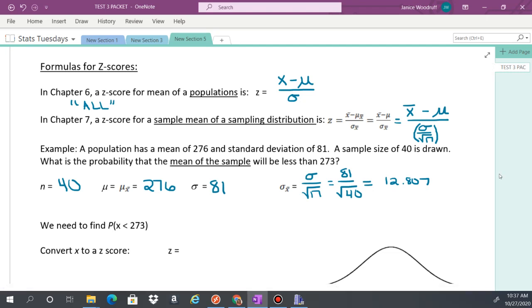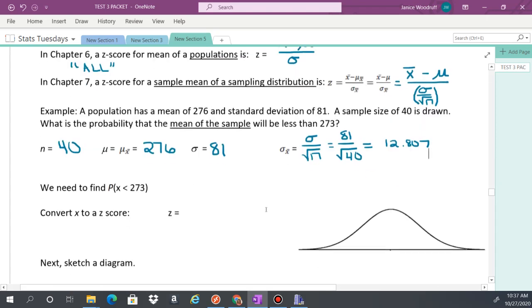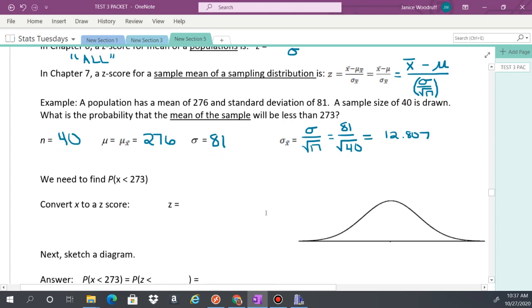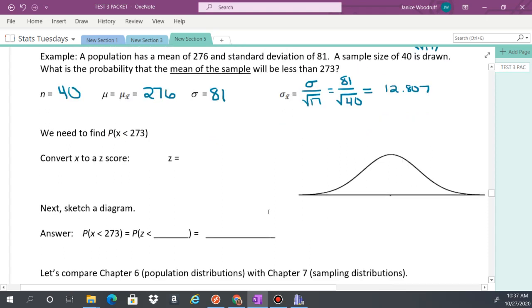But sometimes all you can do is get a sample. You can't get the data for the entire population. So now to do the problem, we have: what is the probability that the mean of the sample will be less than 273? So you're finding the probability of x bar being less than 273, and you want to convert the x to the z-score, meaning you're going to use the calculation x bar minus the mean over the standard deviation of x bar.